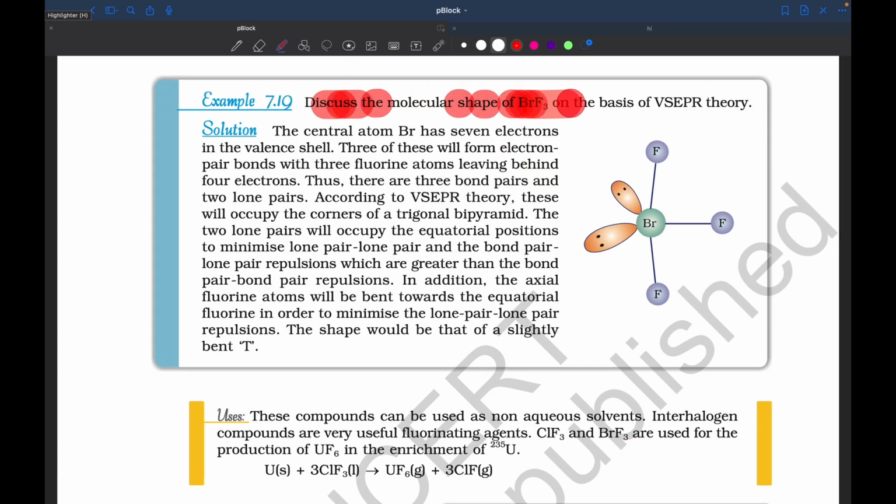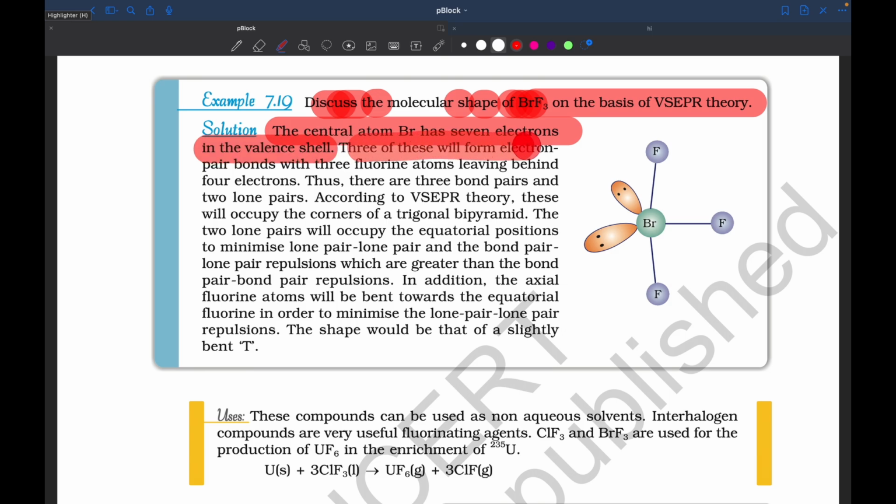Discuss the molecular shape of BrF3 according to VSEPR. Solution: the central Br has 7 electrons in its valence shell. 3 of these will form electron pair bonds with 3 fluorine atoms, leaving behind other electrons. Thus there are 3 bond pairs and 2 lone pairs.